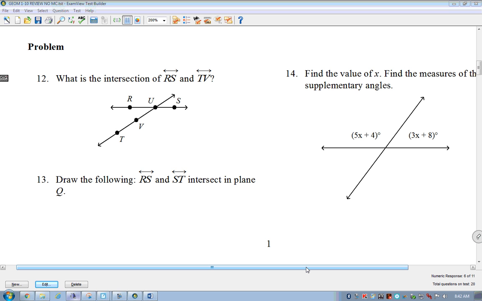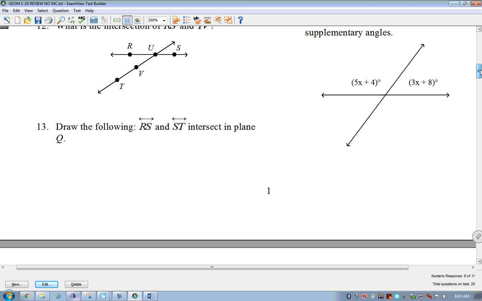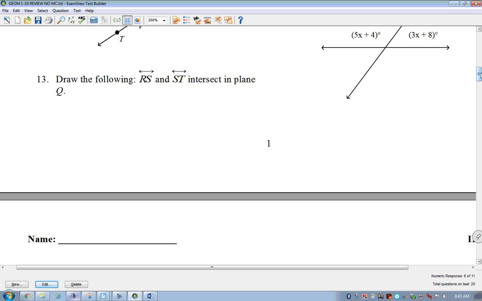So that's 12. Next one is 13. Draw the following. RS and ST intersect in plane Q. Well, this is just a picture. Here's RS. Or actually, hold on. This one is kind of tricky.